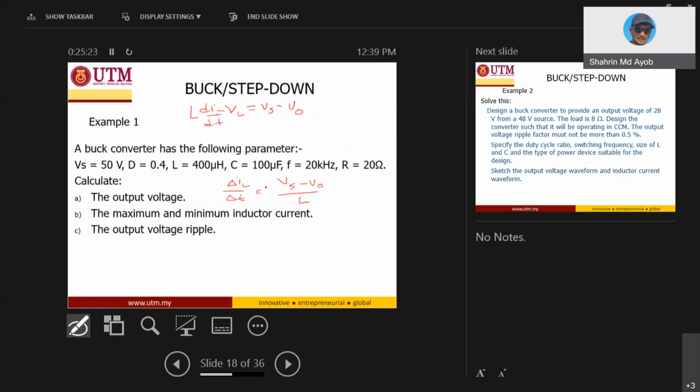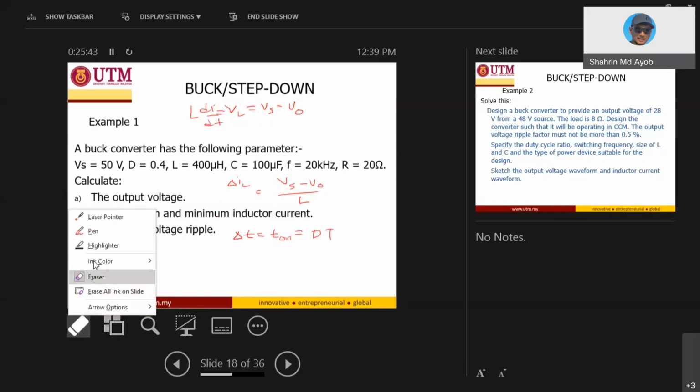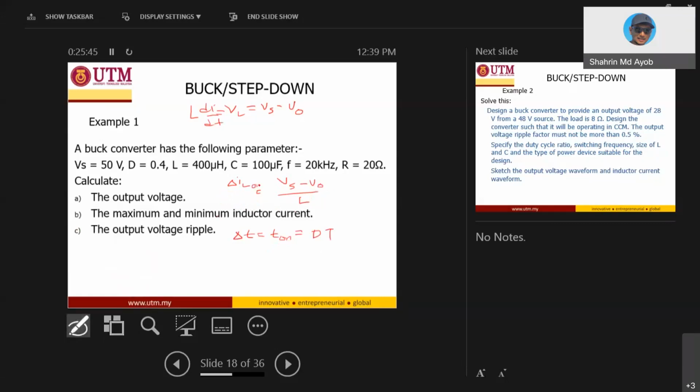That's it. And we know that delta T during on is, what is it? T on, right? What is T on? dT. So you change it there, during on, so multiply by dT. That's all.